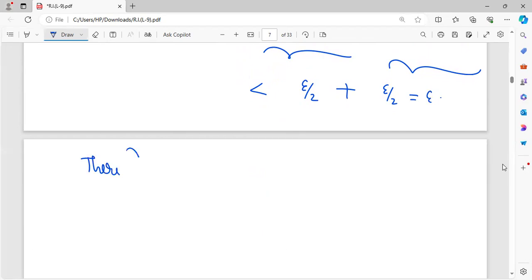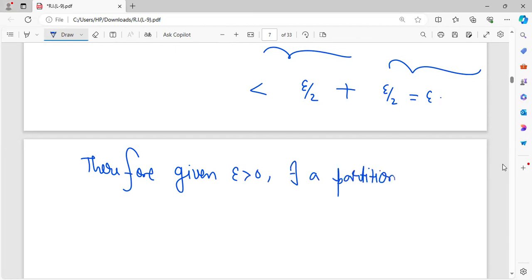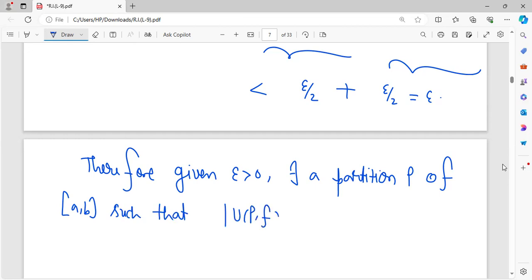Therefore, given epsilon greater than 0, there exists a partition P of the closed interval [a, b] such that U(P,f) minus L(P,f) is less than epsilon.